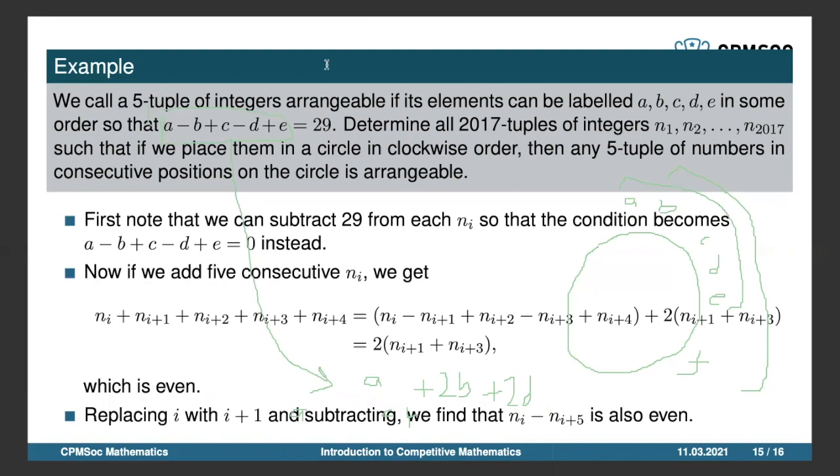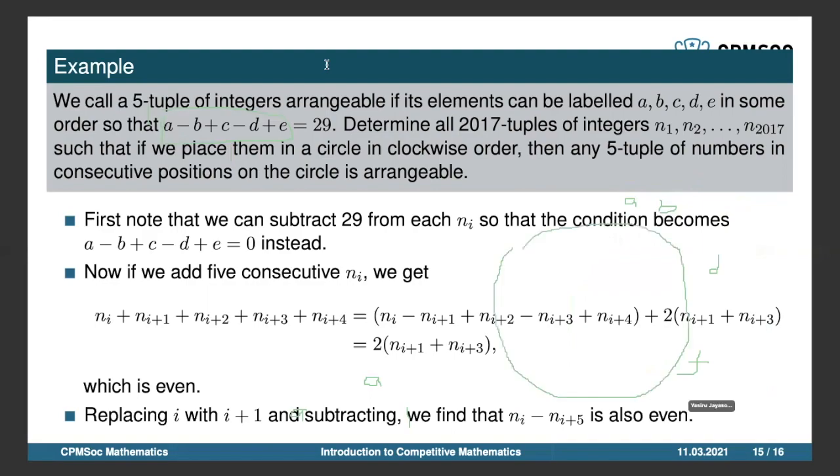So now we can apply what we've just shown to this circle of integers over here. So A, B, C, D, E, and F. So remember that our new definition of arrangeable is this alternating sum and difference being equal to 0.